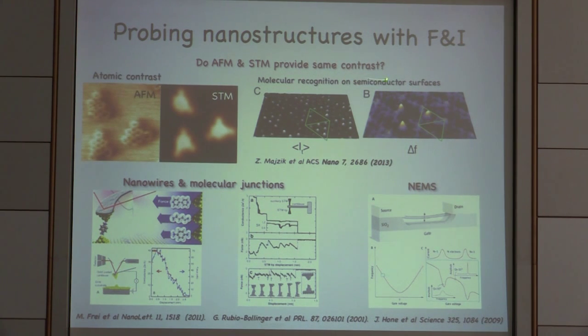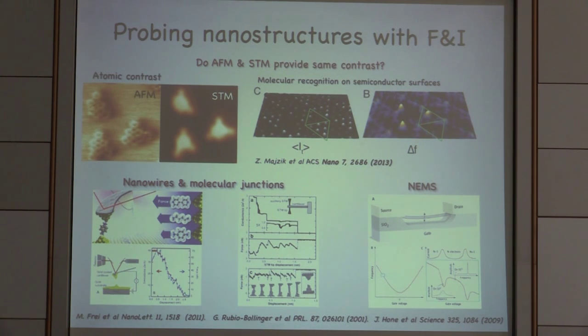For example, the combination of AFM and STM allows us to distinguish molecules sitting on semiconductors, which usually are blind to STM, but with AFM you can really distinguish between molecules, hydrogen, etc. There is also another challenge in the community of molecular electronics. When we gate the molecule, we don't know how good the gating is.